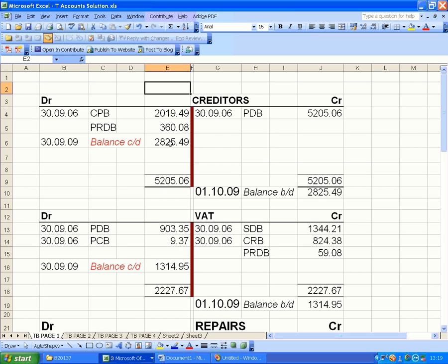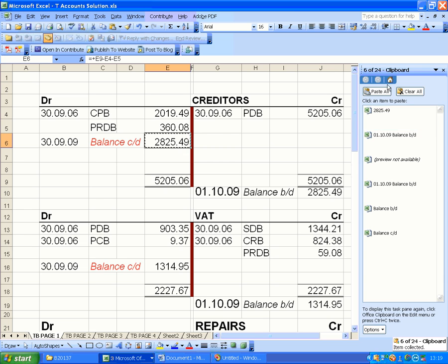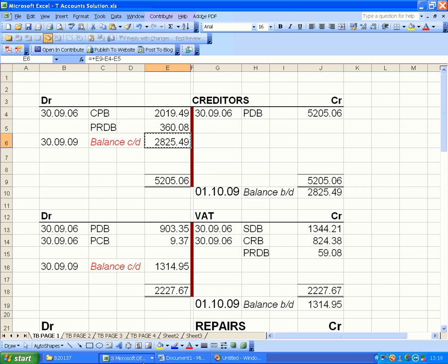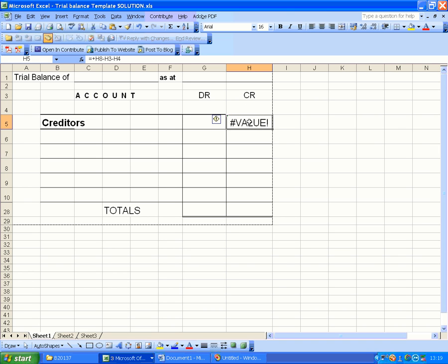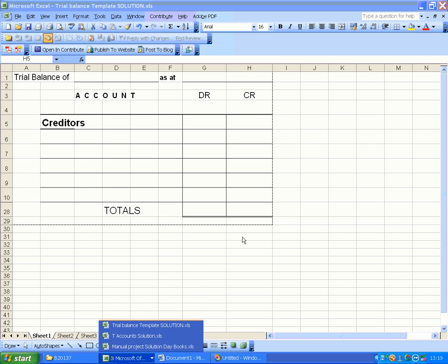So again, this figure here, 2825, will be a credit posting in the trial balance. Just figure out what that is. It's 2825.49.